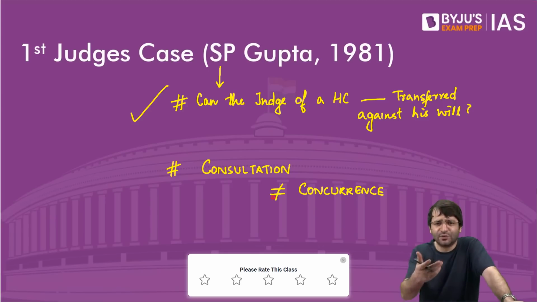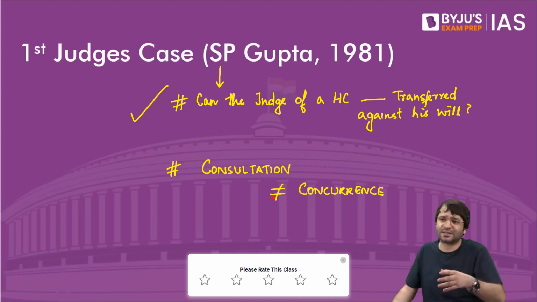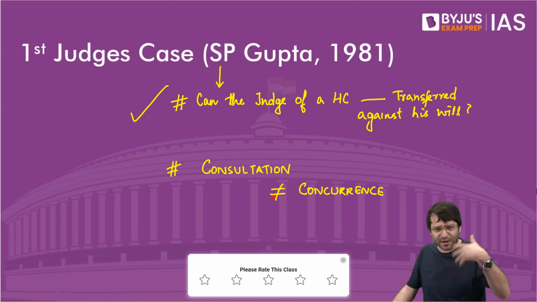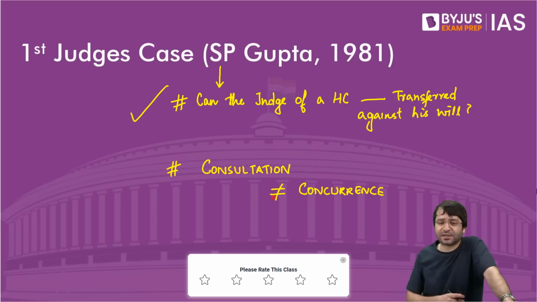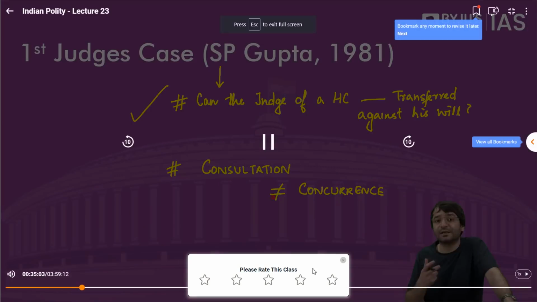I'm only consulting you. That doesn't mean whatever you tell me is going to be binding on me. I'm consulting you because maybe you would say, sir, on Sunday we have an exam. On Sunday, the majority of the people would be busy in a state civil services examination. Then I would accept this. You have a sound reason to say that we should not have a class on Sunday. I agree. If there is no reason, I'll say it doesn't matter. We will still have a class. So it's not concurrence. It's consultation.